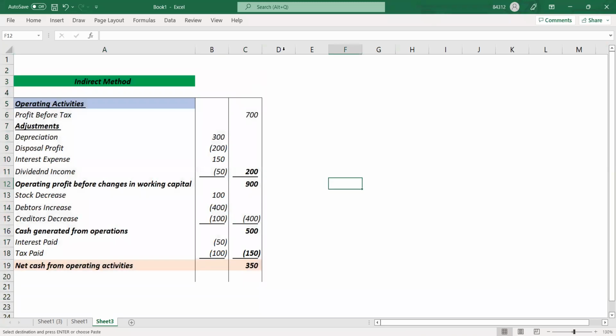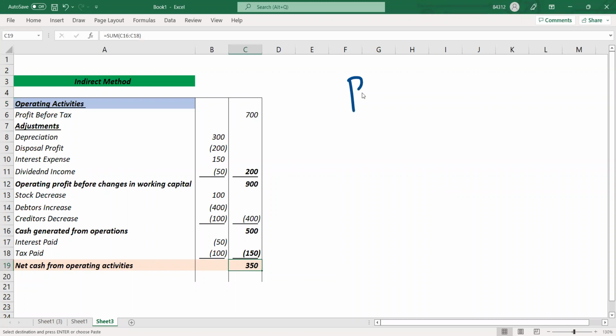So in the indirect method, operating activities will be calculated using the profits.